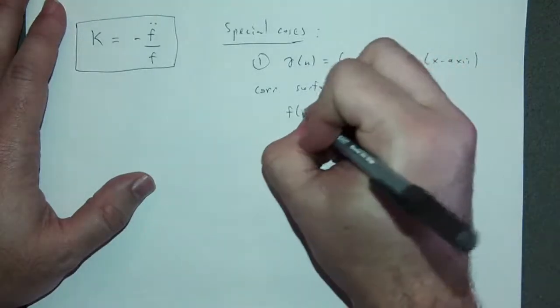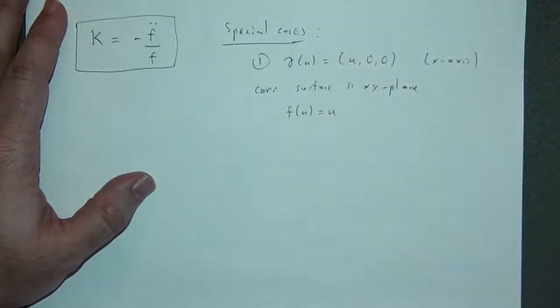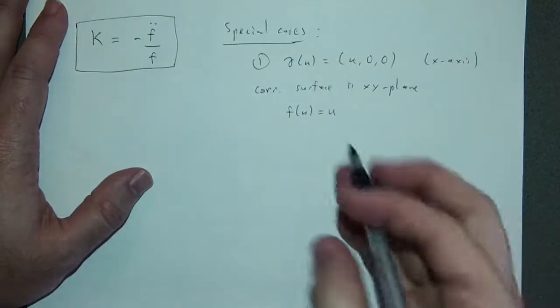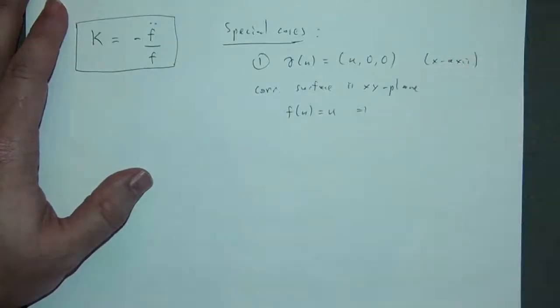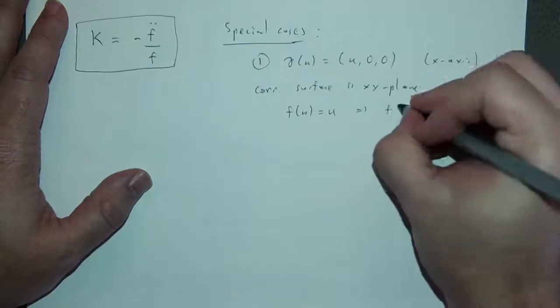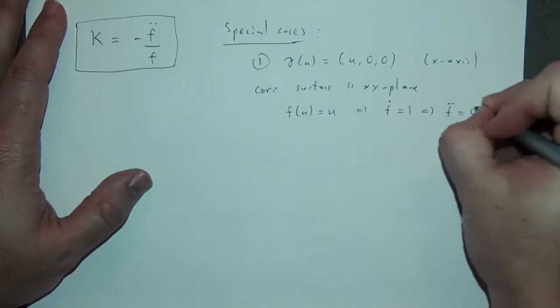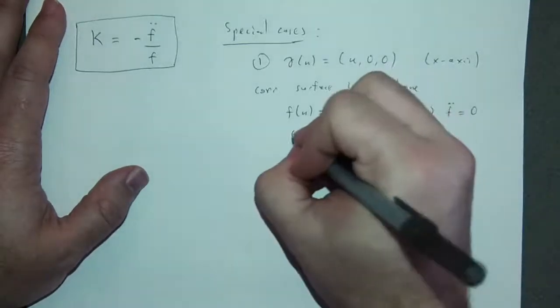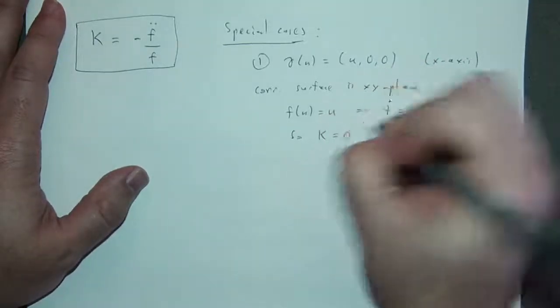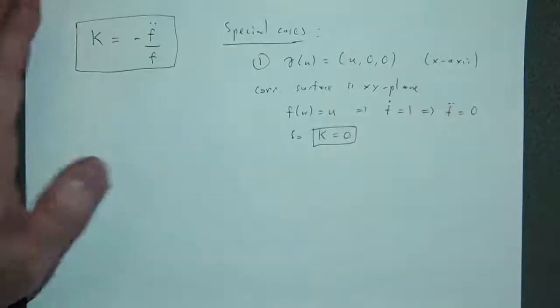F of u is equal to u. All right, so what does that mean? It means that f dot is 1, which means that f double dot is 0. So the Gaussian curvature of the plane is 0 everywhere.